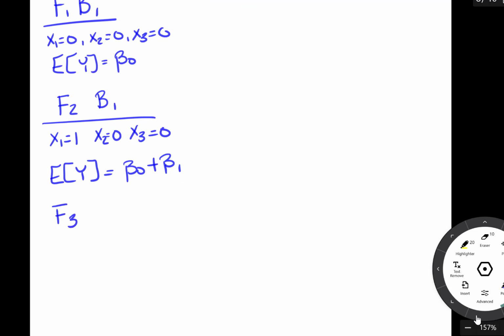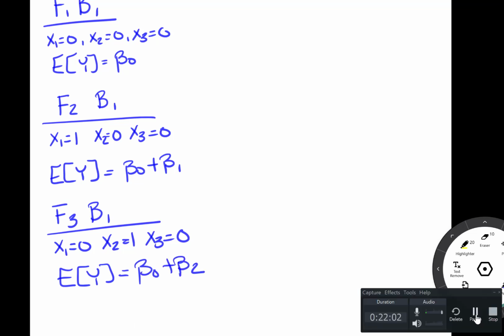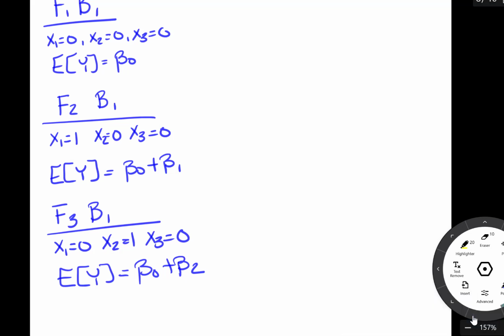When we have the third fuel type and the first brand, this time we're going to have x1 equal to 0, x2 equal to 1, and x3 equal to 0. So here we have the expected value of y is equal to beta naught plus beta 2. And we could keep on going, and I'll write out what these are and you can confirm these on your own.